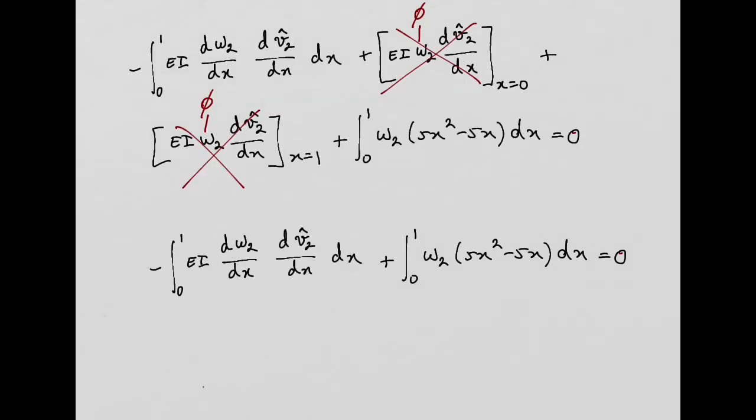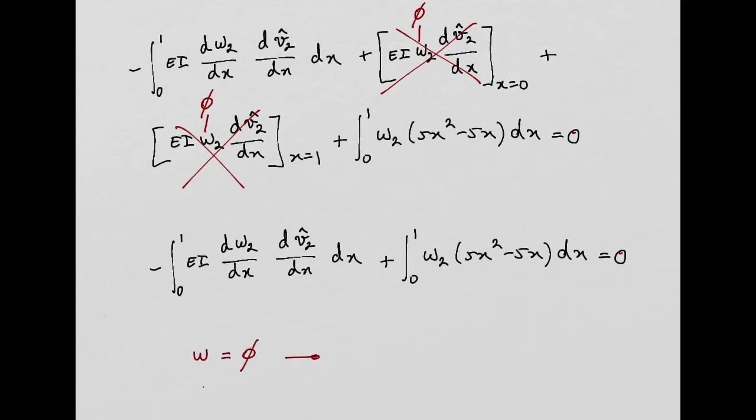Right, so what you have here now is these two terms at the boundaries. They are going to be equal to 0, and the reason is, if you are using the Galerkin's method, for the Galerkin's method, the weight function is going to be replaced by the shape functions, remember?